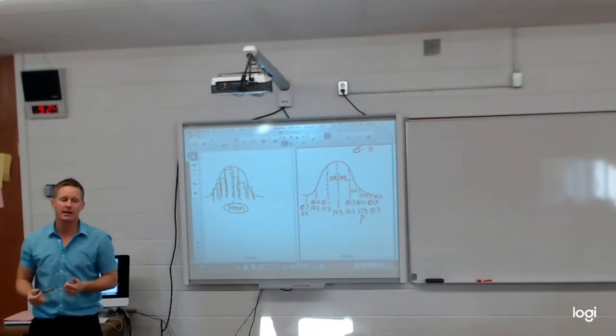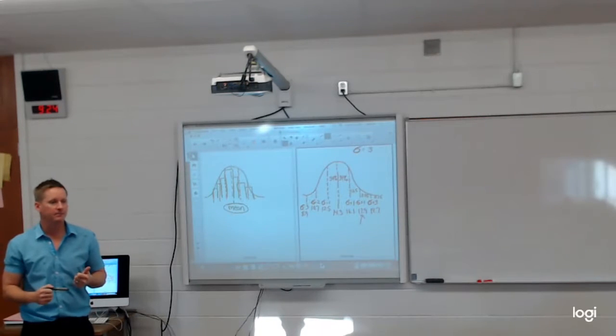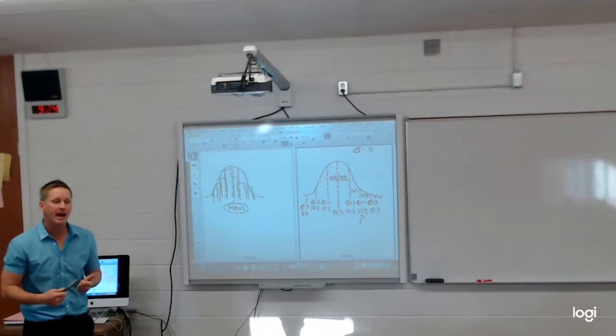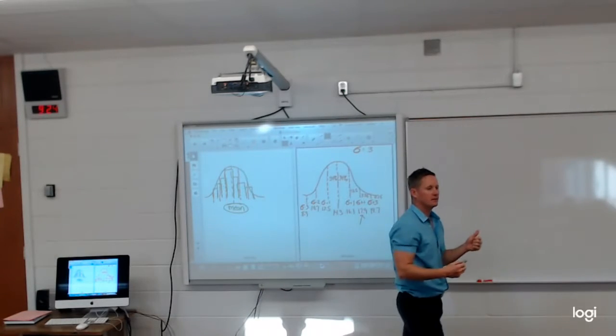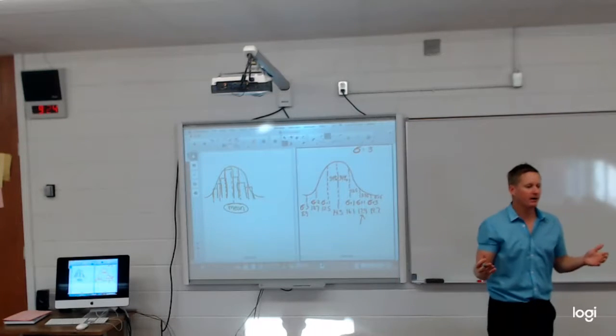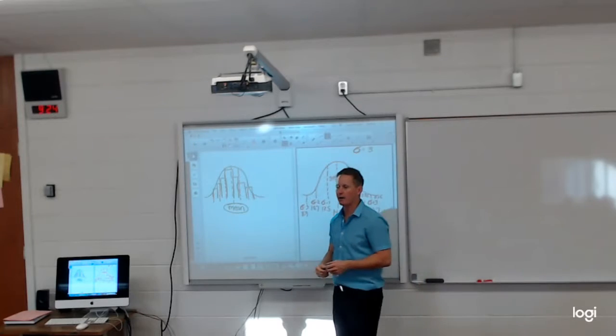Now, where else would I use this? I might use this on the life expectancy of batteries. If I was comparing batteries and I wanted to find out which one is the best battery, I might use this curve based on the life expectancy of the battery.